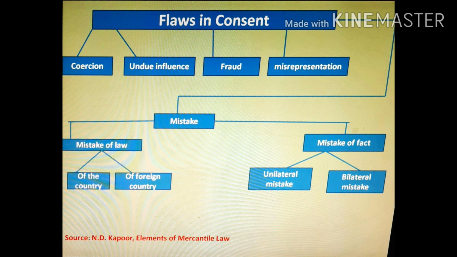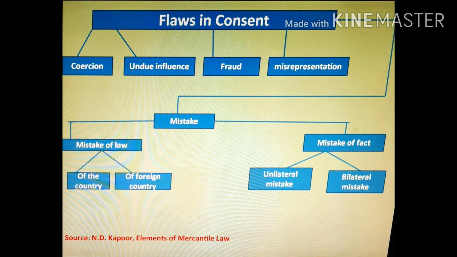So if these defects are not there, it is called free consent, and only free consent is required to form a valid contract and not mere consent, please. What is free consent? Free consent is absolutely free from coercion, free from undue influence, free from fraud, free from misrepresentation, and finally free from mistake, right? So with this, the discussion on free consent is also completed.